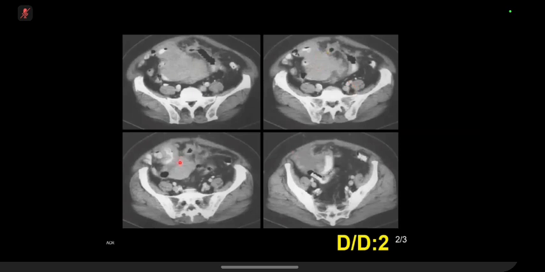So again, there is a soft tissue density sitting on the right side of the abdomen, displacing the bowel loops. I'm just thinking, given its proximity to the small bowel, it's in the mesentery. I'm not sure.